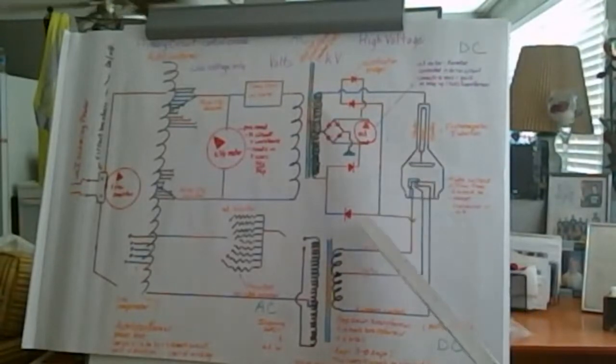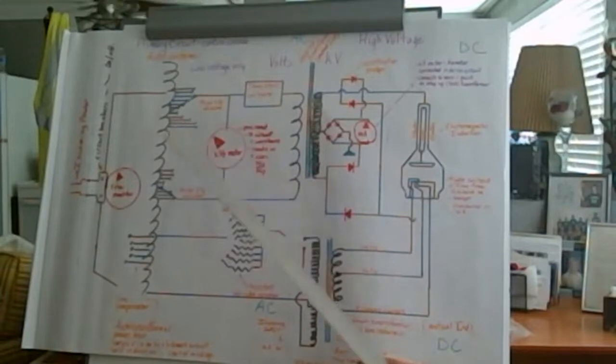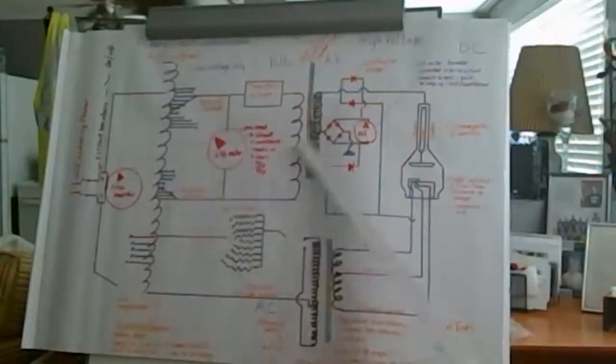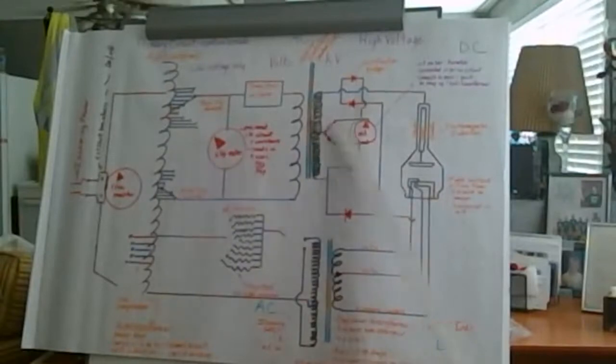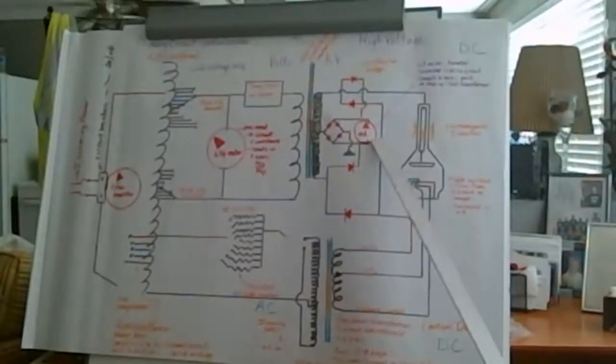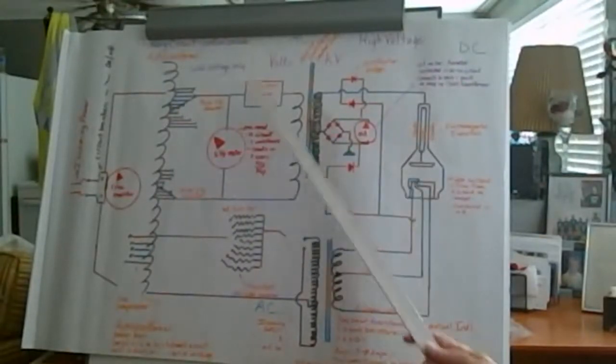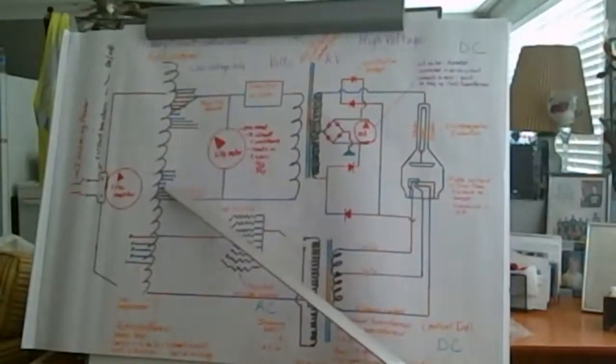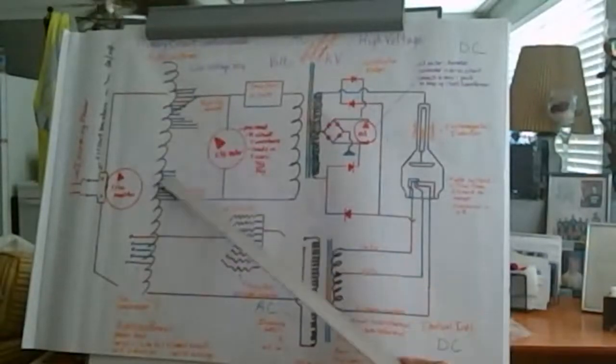Okay, so now we're going to talk about what's going to be responsible for powering that high voltage or secondary circuit. Okay, so again, we said up top we have major and minor kV taps that come off of the auto transformer.